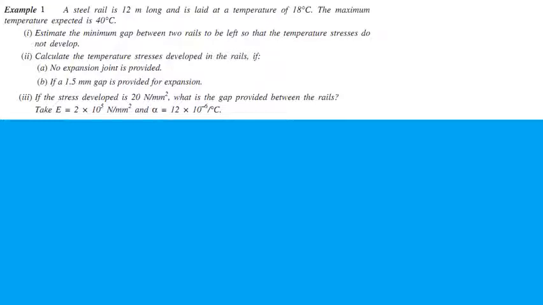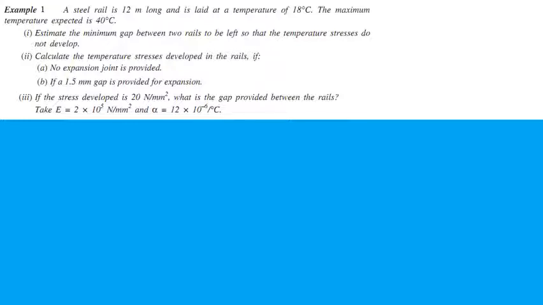Calculate the temperature stresses developed in the rail if, first, no expansion joint is provided, which is completely restricted; and if a gap of 1.5 mm is provided for expansion. Last, if the stress developed is 20 Newton per millimeter square, what is the gap provided between the rails? Take Young's modulus, capital E, equal to 2 into 10 power 5 Newton per millimeter square and alpha is 12 into 10 power minus 6 per degree Celsius.